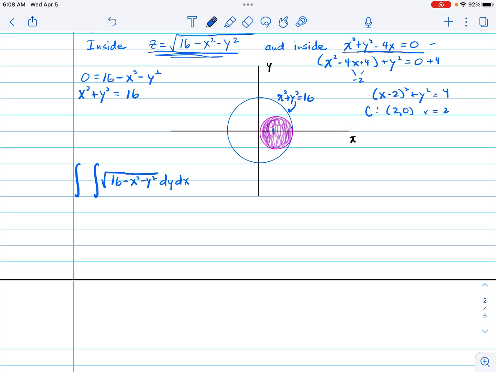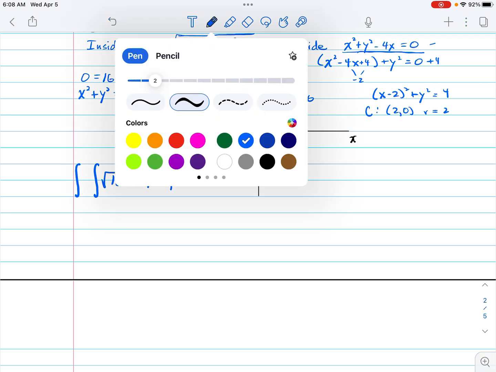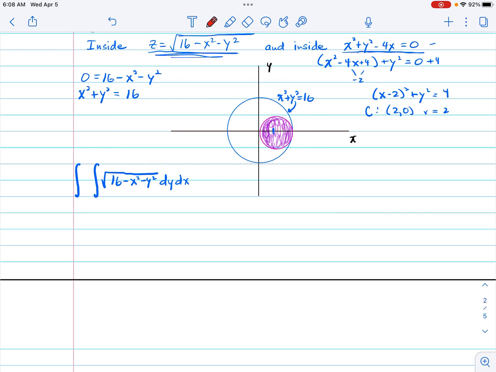Okay, so let's see. What does y do? Well, no matter what x is, as we choose an x value as we go through here, you notice that y goes from down here all the way up here. In other words, it's going to go from that bottom curve of the cylinder to the top curve.